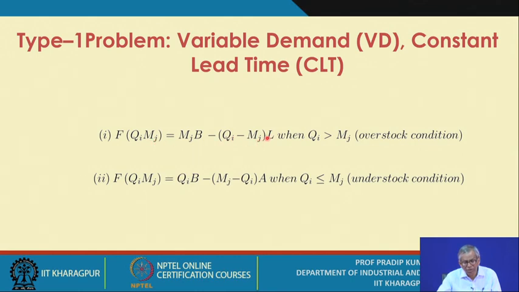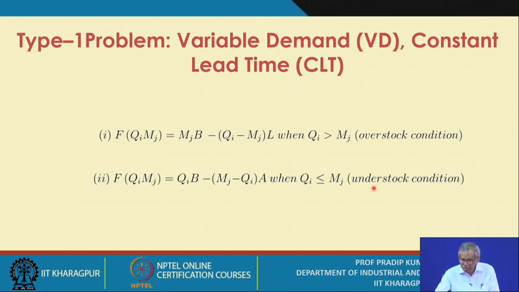So Qi minus Mj is the overstock amount, and for each one you are losing an amount of L, that is, the original price minus the salvage price. That is the L you lose per unit of overstock, when Qi is greater than Mj. It's clear?